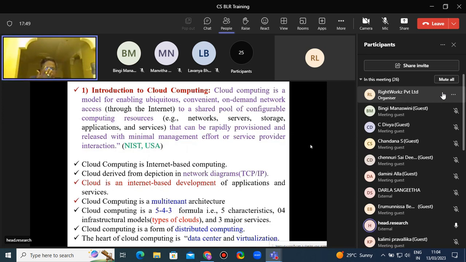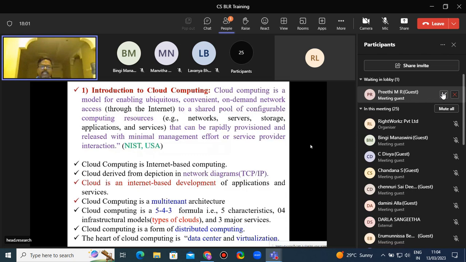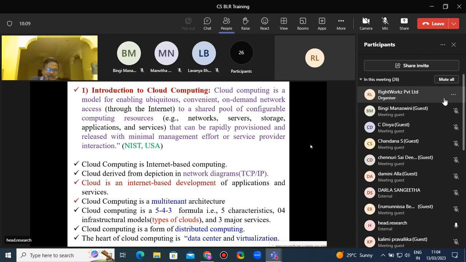According to National Institute of Science and Technology, USA, they have given the beautiful definition about cloud computing. Cloud computing is internet-based computing. Internet is a network of networks. Internet is developed by Goldberg and Newman.